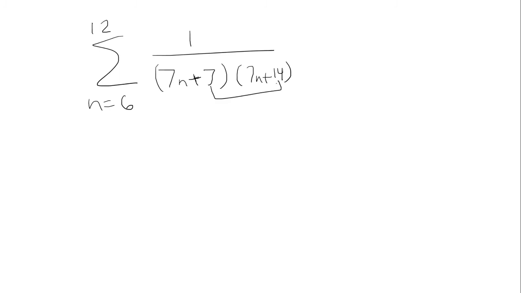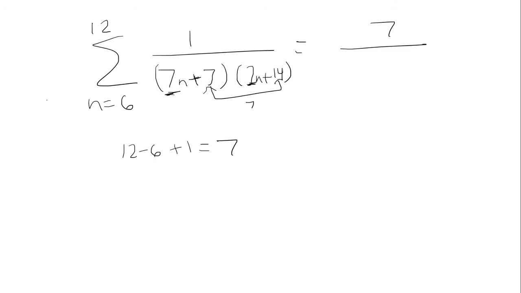The difference between the 7 and the 14 is 7, which is also the same as the coefficients of n. Okay, so both of the coefficients of n have to be the same in order to use this trick. So now we want to see how many terms there are. Right, so we have n going from 6 to 12, so we could just do 12 minus 6 plus 1. 12 minus 6 is 6, plus 1 is 7. So we're going to have 7 at the top.